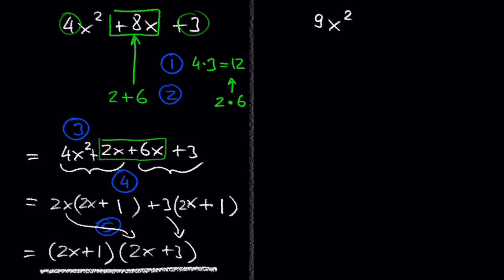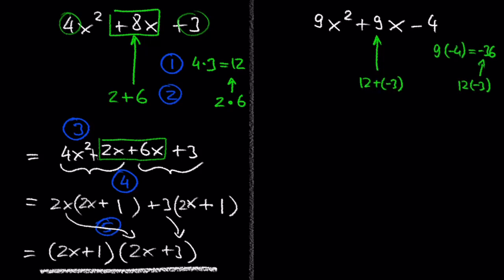9x squared plus 9x minus 4. 9 times negative 4 is negative 36. We can write the negative 36 as 12 times negative 3. And 12 plus negative 3 is 9. So we can write the term in the middle as 12x minus 3x.